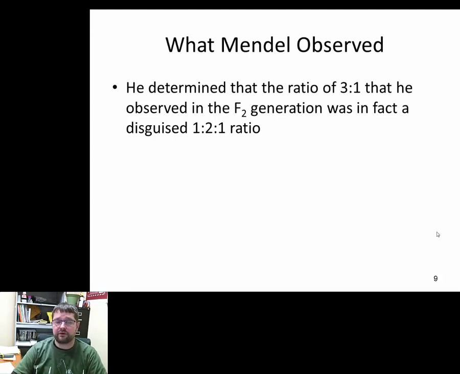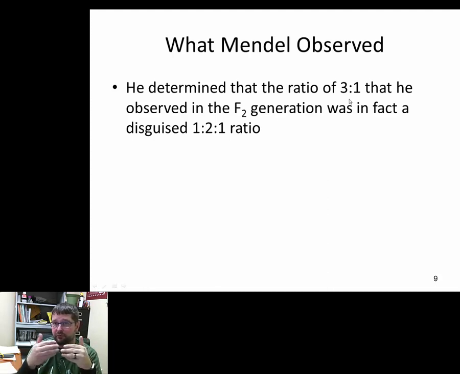So what he determined from these simple crosses was that you would come up with a 3 to 1 ratio in the F2 generation if you crossed two true breeding varieties. So the parental line goes to the F1 line, then the F2 line, and it was going to come out as a 3 to 1 ratio. Now later, he discovered that that 3 to 1 ratio is the phenotypic ratio.